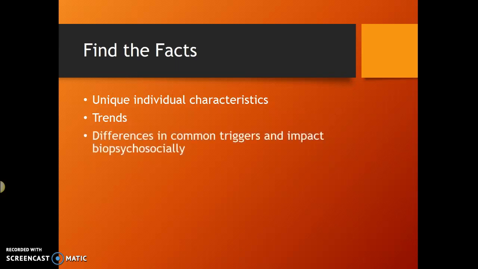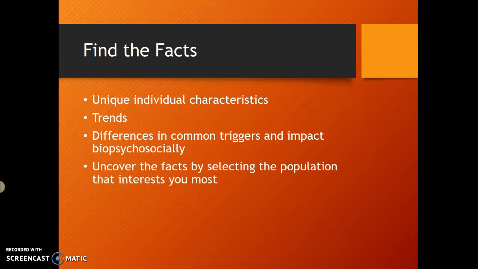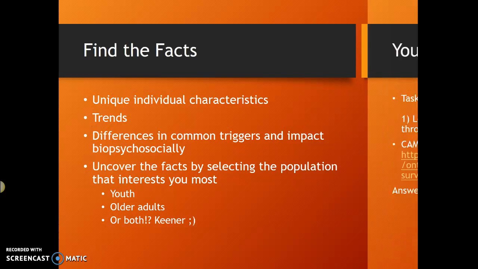There are going to be differences in common triggers and the impact biopsychosocially on these 2 groups of populations. And we want to uncover the facts by selecting the population that interests you most. So we're going to talk today about youth, and we're going to talk about older adults. You can also look at both, and then I think you're a keener, which is awesome.